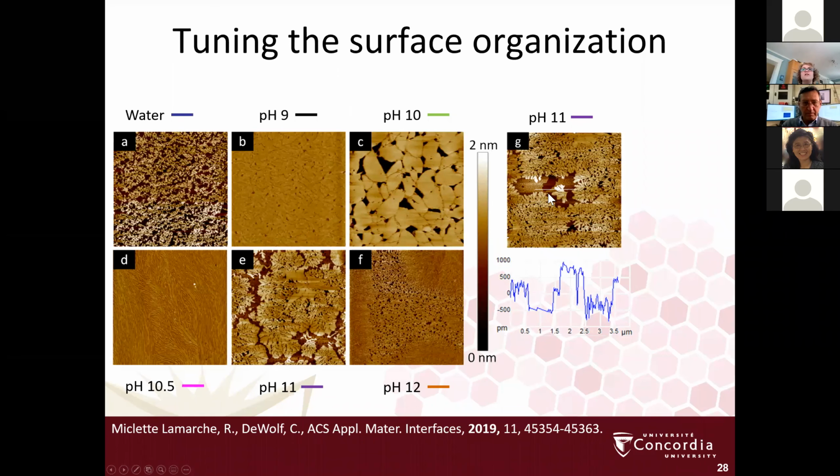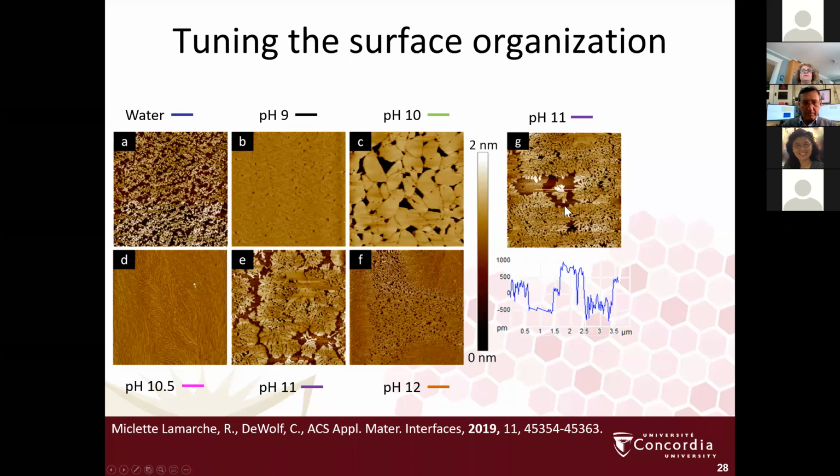Now, if you take a close inspection of the pH 11, which I've put here on the right-hand side of the screen, you'll actually see that there are multiple phases present. There are holes present. There is a phase here. There's a phase underneath, and then there is also what appears to be some sort of continuous matrix phase.